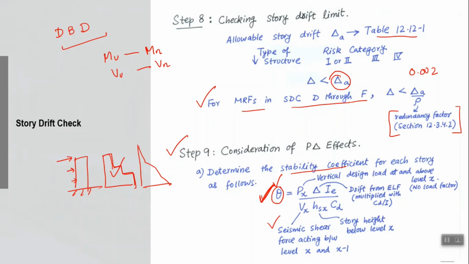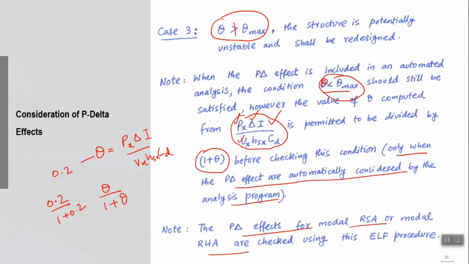So even if the ELF procedure is not permitted for your structure, just in order to check whether P delta is applicable or not, you have to apply it, right? Even if you have to design using RSA, in order to check the P delta requirement for modal RSA or modal RHA, the ELF procedure is required, right? Please keep that in mind.